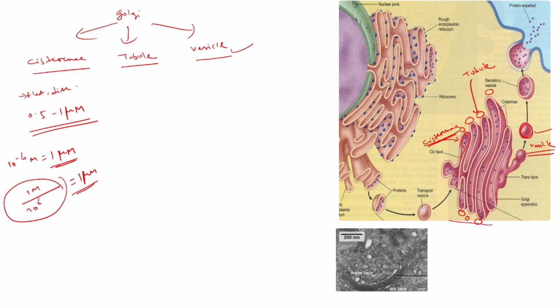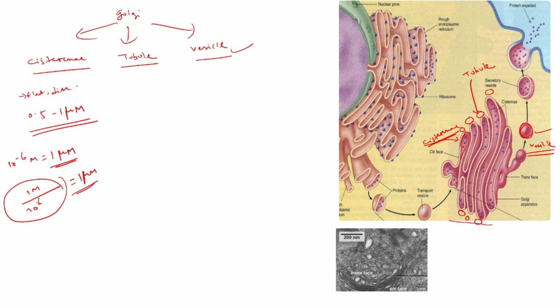So there are three types of structures. One is the cisternae, a long structure. The tubules are very small and present at the periphery. And the vesicle arises from the Golgi and contains some food particles. We will learn about the vesicle after this Golgi body study.